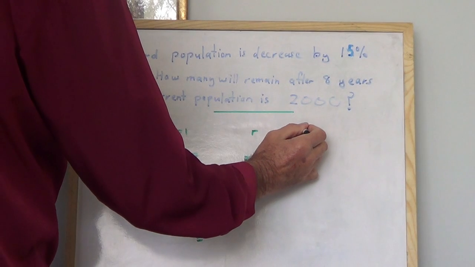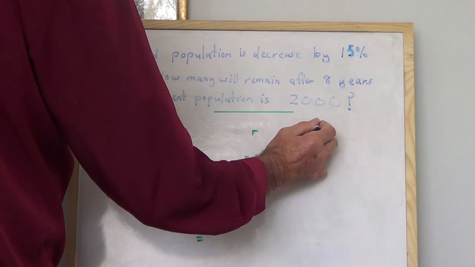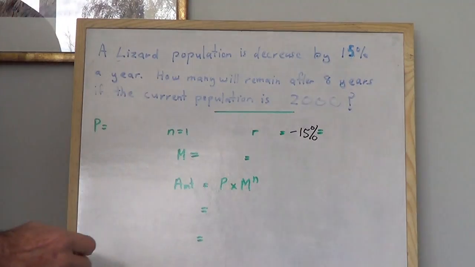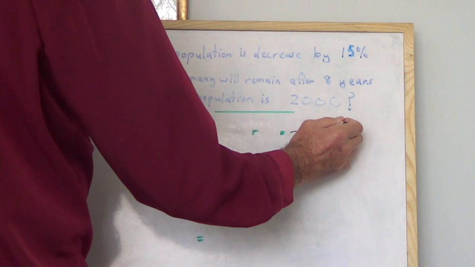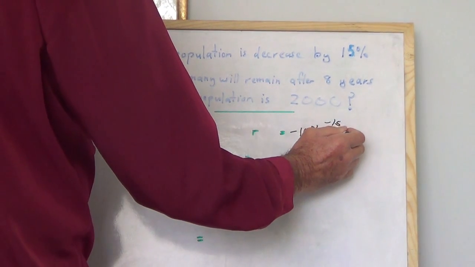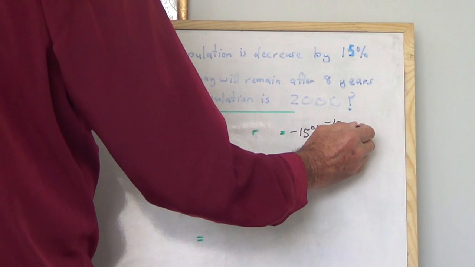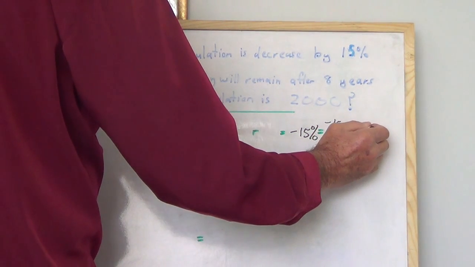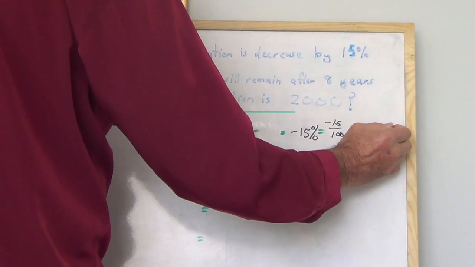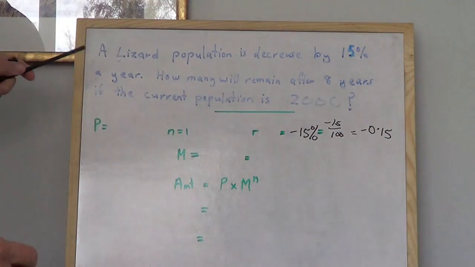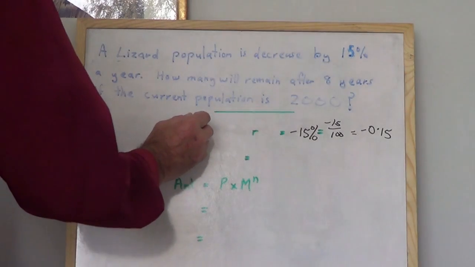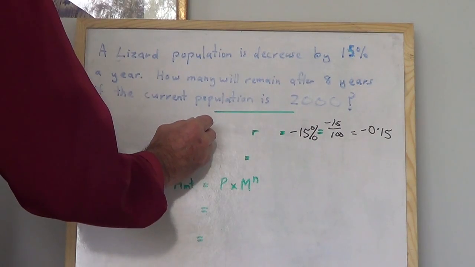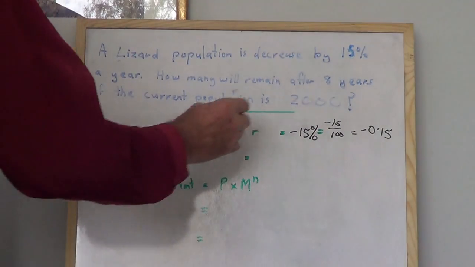If we work that out, that'll be minus 15 over 100, which is equal to minus 0.15. How many will remain after 8 years? So N is going to be 1. Oh, sorry, 8. N is 8. I had 1 written there.